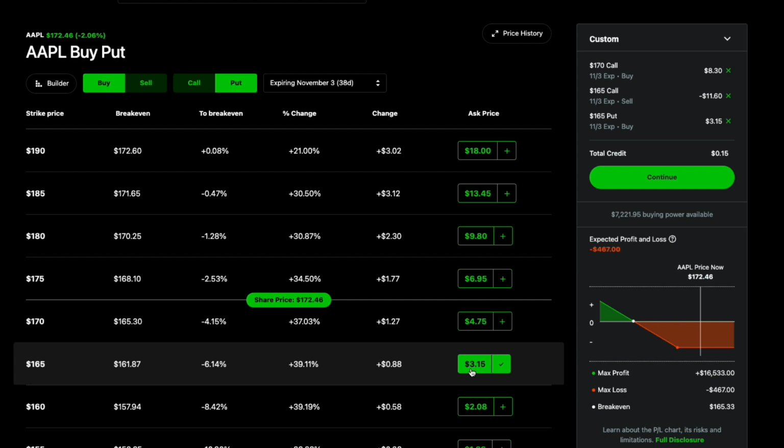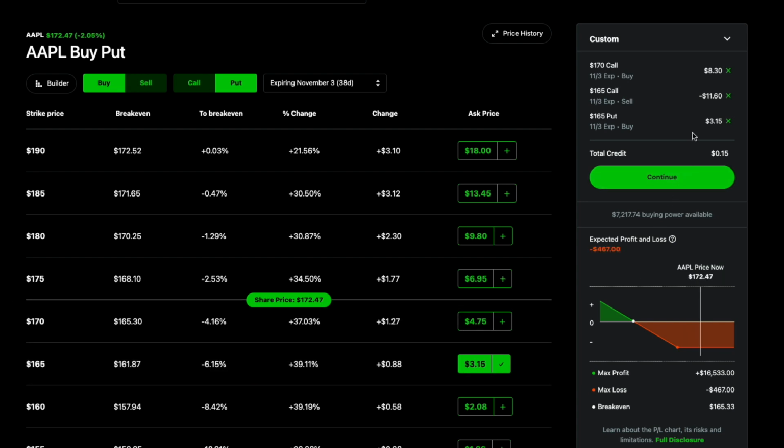As you know, when you buy a put, you pay money to get into that contract, but since you already received some premium, I'm paying for that put from that credit itself. So overall, you are still getting some net credit out of this.